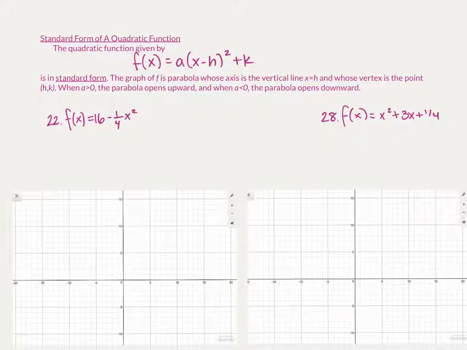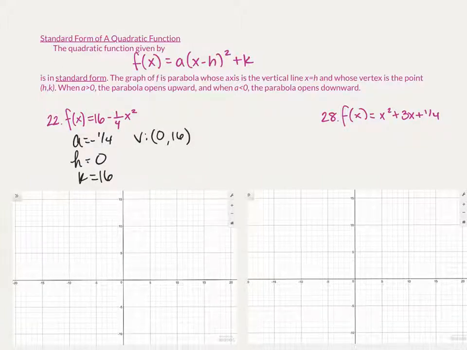So in 22, we're given the function f of x equals 16 minus 1/4 x squared. This is already in standard form. My a is -1/4, my h is 0, and my k is 16. So my vertex will be (0, 16). And they also want us to find the axis of symmetry and any x-intercepts.